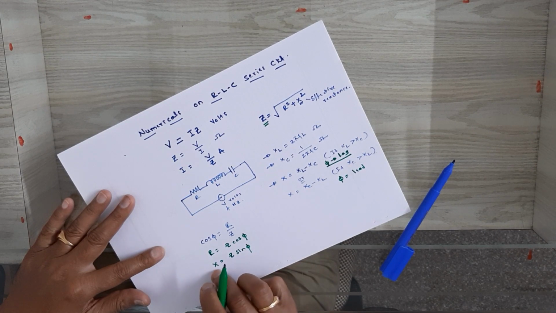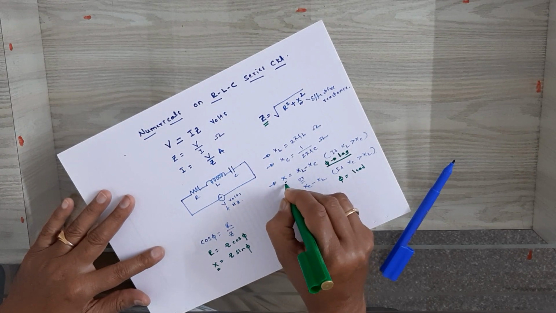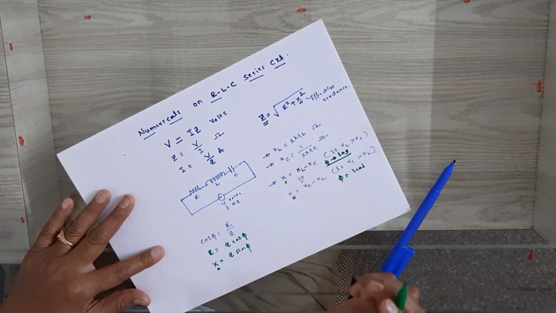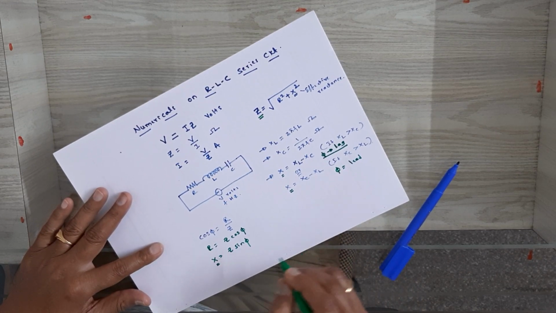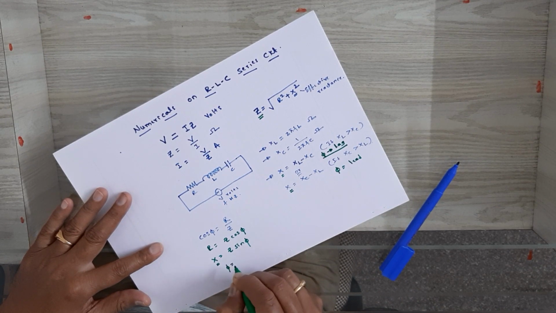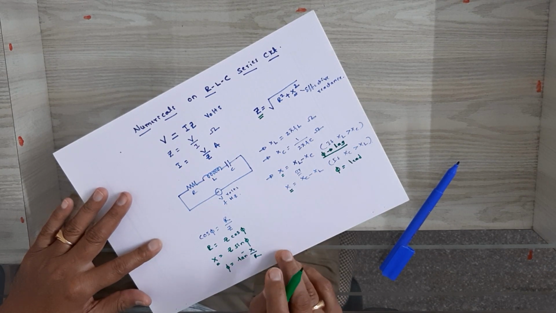Here X is the effective reactance, either XL minus XC or XC minus XL. Then how to find the value of phi? Phi is equal to tan inverse of X by R. Once again X is the effective reactance.